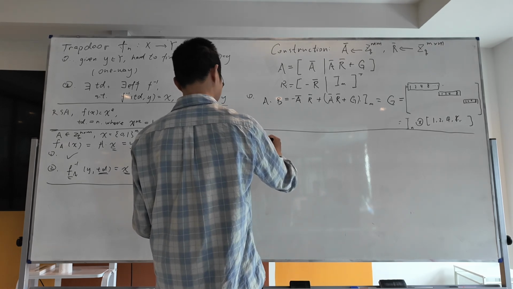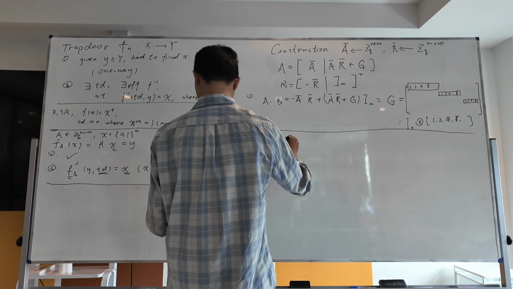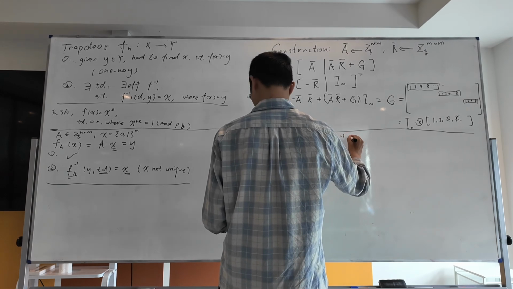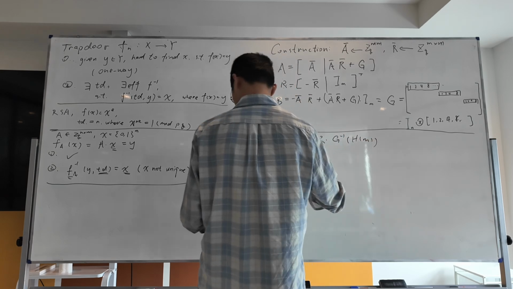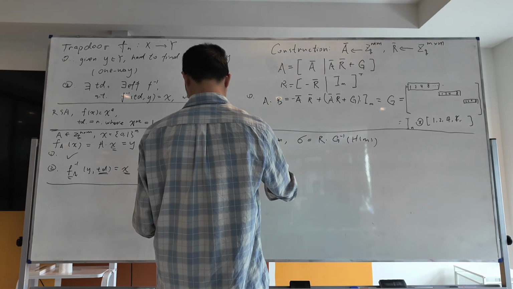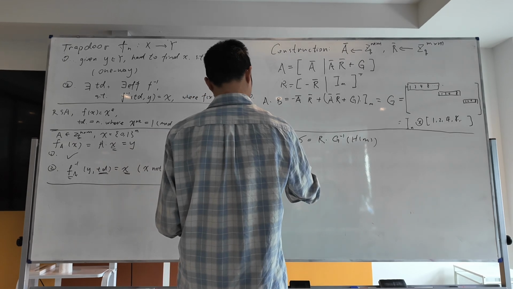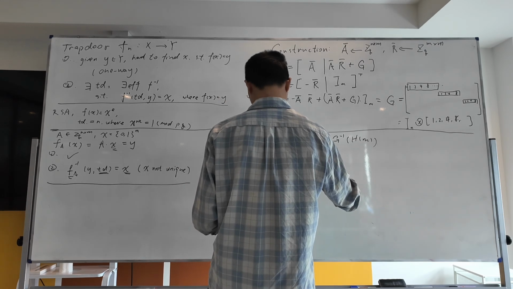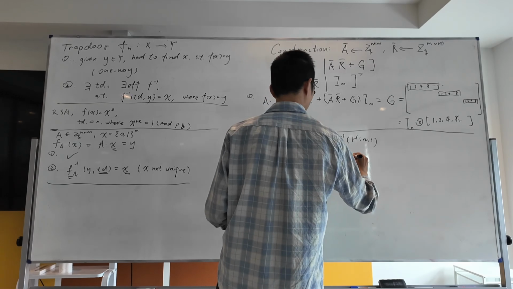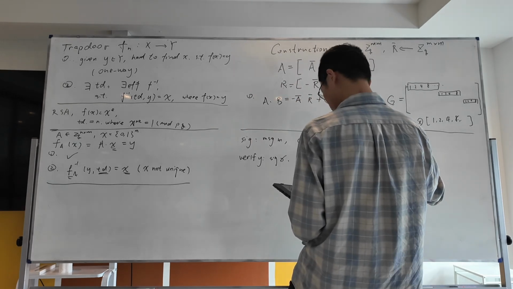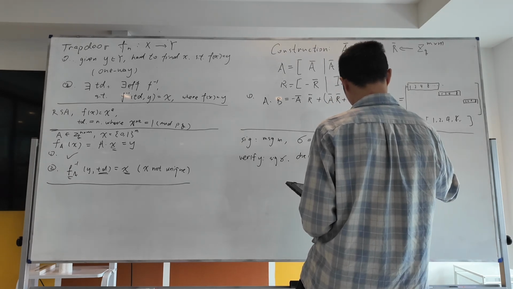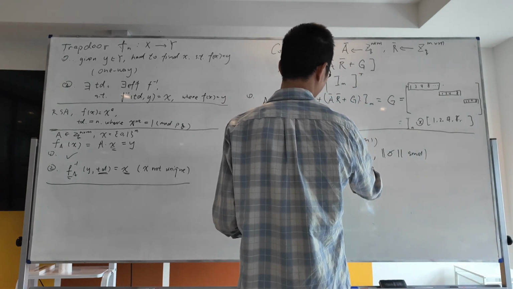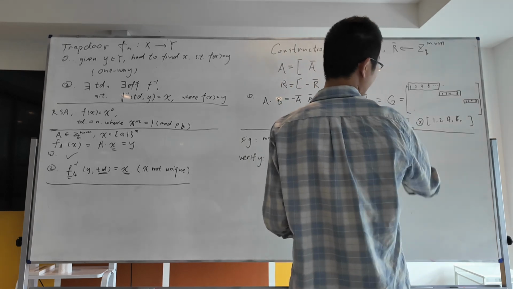Given a message, the signature is given by this expression, where H is a hash function, and G inverse is defined to be the inverse function of G. What's the inverse function of this?